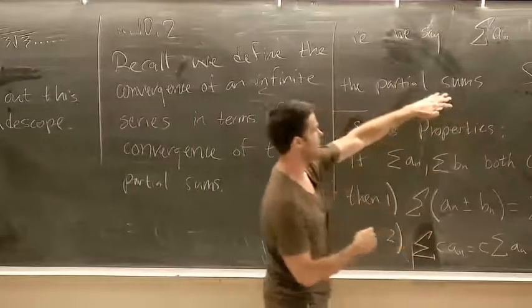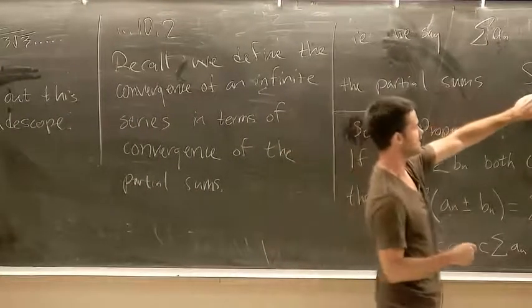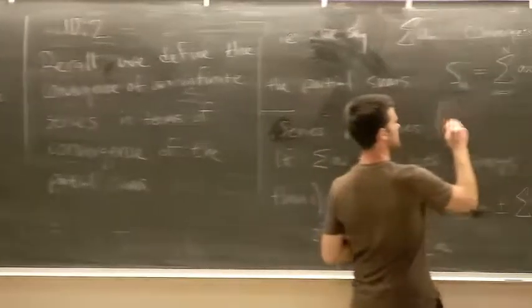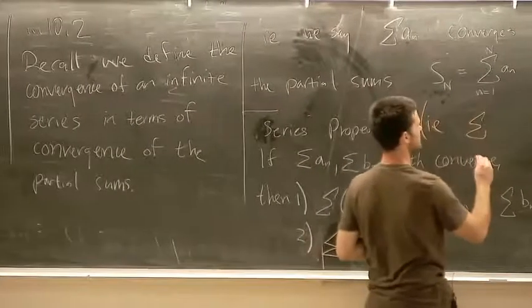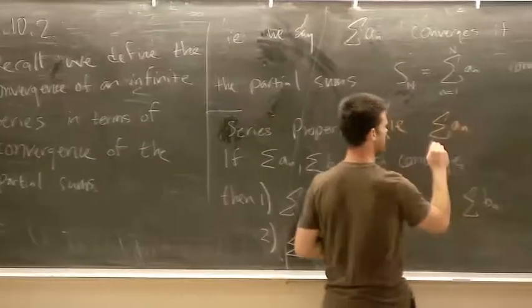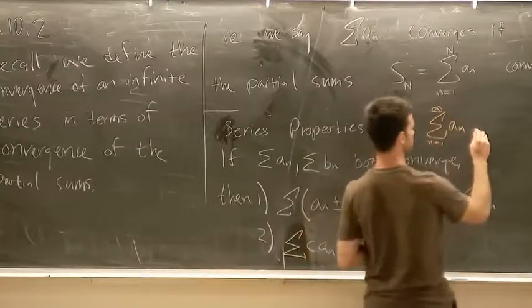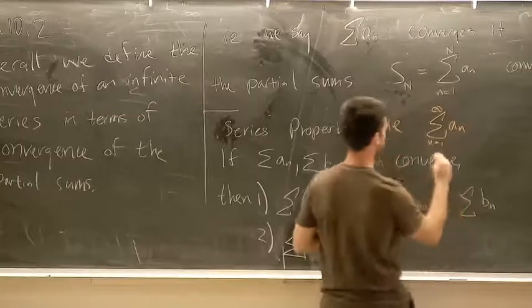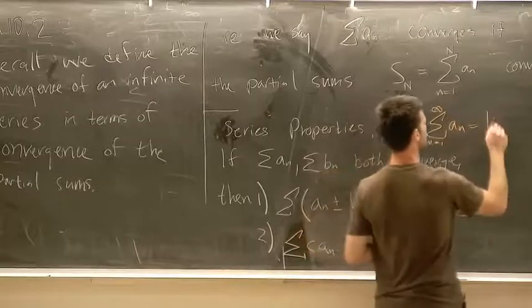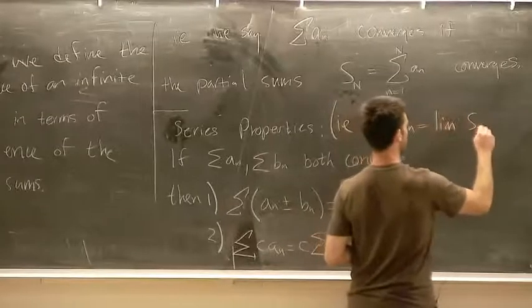To remind you of what it means to say that this series converges, the sum from n equals 1 or 0, wherever you start from, is the limit of the partial sums.